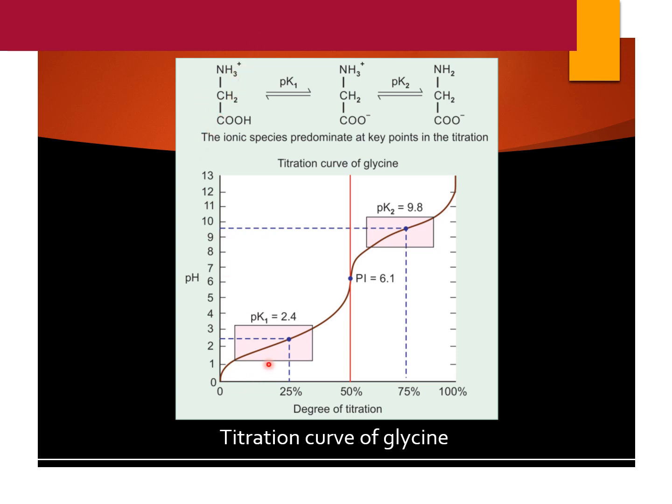As we slowly raise the pH to 6.1, at 6.1 there is complete ionization, with both the carboxylic group and amino group in the ionized form. This is negative, this is positive.